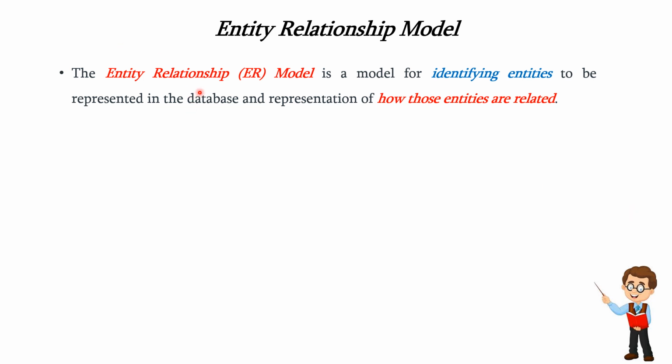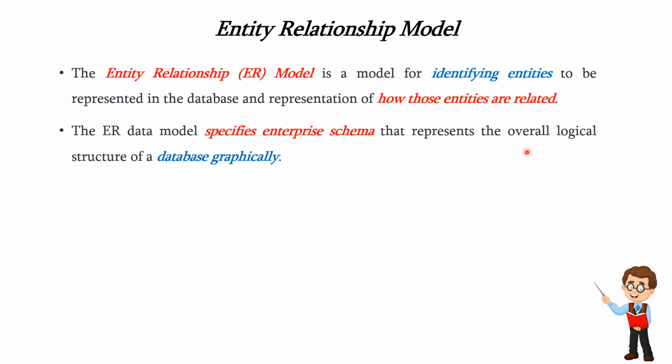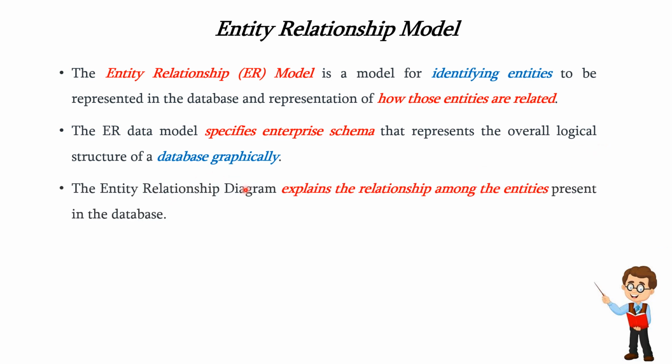The Entity Relationship or ER model is the model which is used for identifying the entities to be represented in the database and also represents how those entities are related to each other. The ER data model specifies the enterprise schema that represents the overall logical structure of the database in a graphical format.